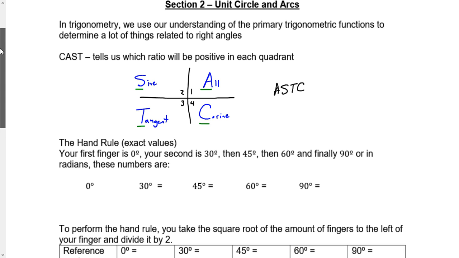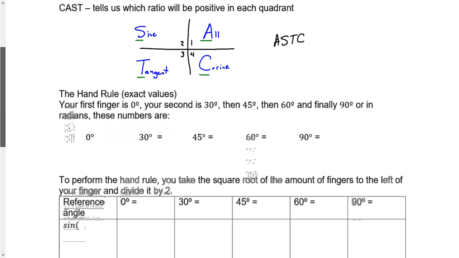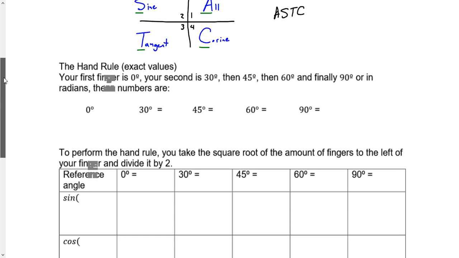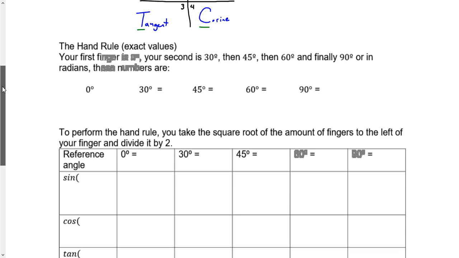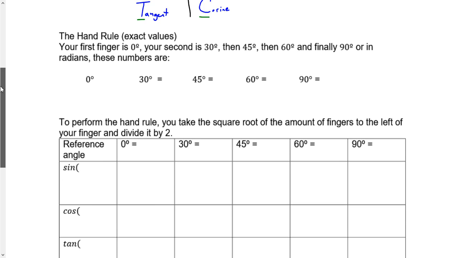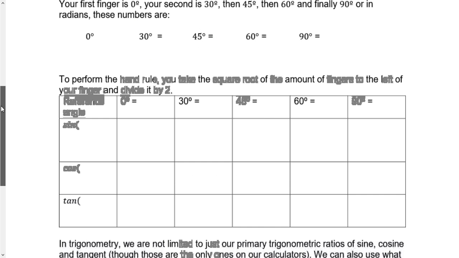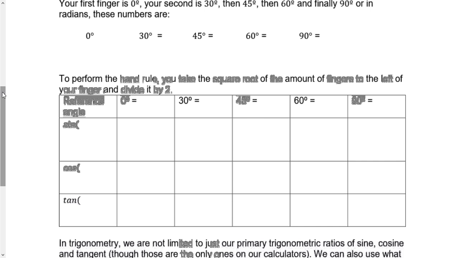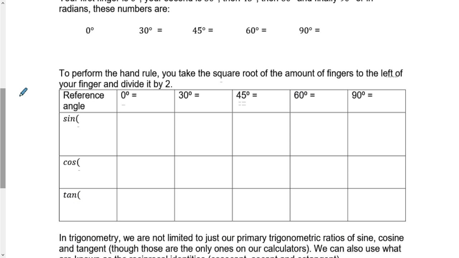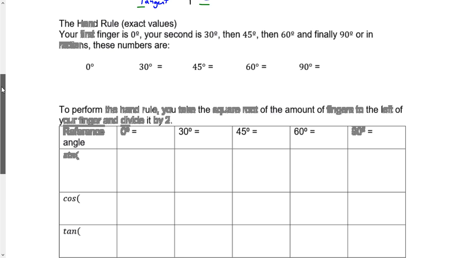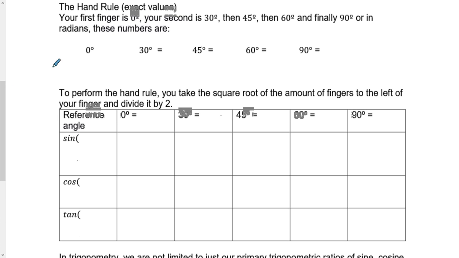So the other thing that we had done in Pre-Calc 20 is, under my guidance, we had learned the hand rule. Now, when I learned this entire table in school, we had to just memorize the entire table. When I learned in university, there was actually a way of quickly doing it, and it made things so much faster.